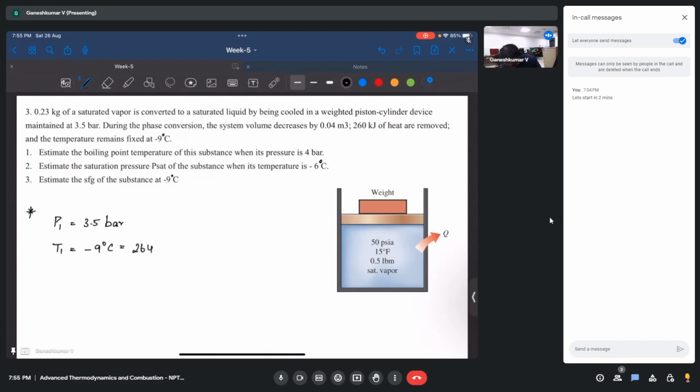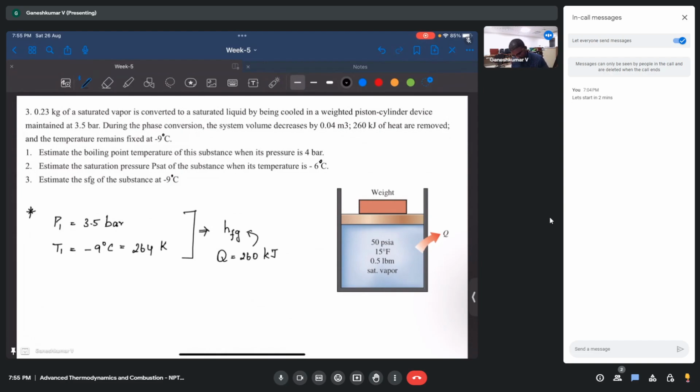At this saturation pressure and temperature, some amount of energy is released, which is nothing but HFG. So we know Q released is 260 kilojoules. From here we need to find HFG.